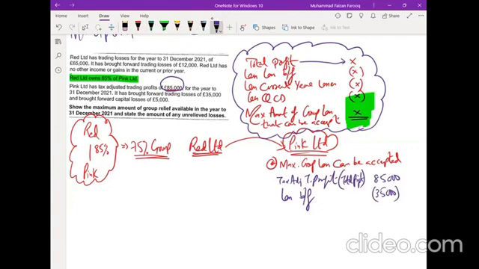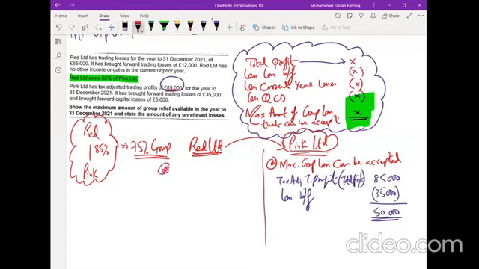No need to consider capital losses. So how much is the answer? Yes, 50,000. So this is the amount which Pink can accept.